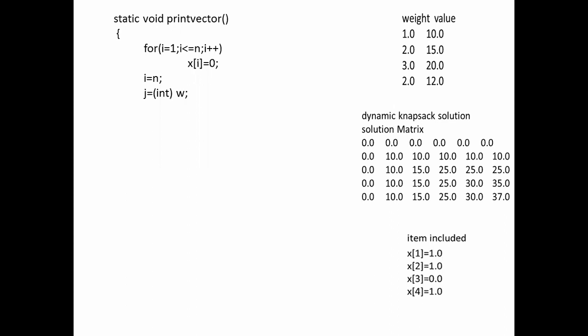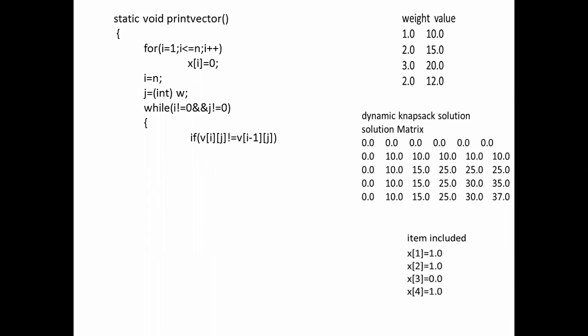i = n, j = int of w. That is the initial capacity of the knapsack, and i will hold the number of items. Okay, while i not equal to 0 and j not equal to 0, that is we are not considering the zero values here.